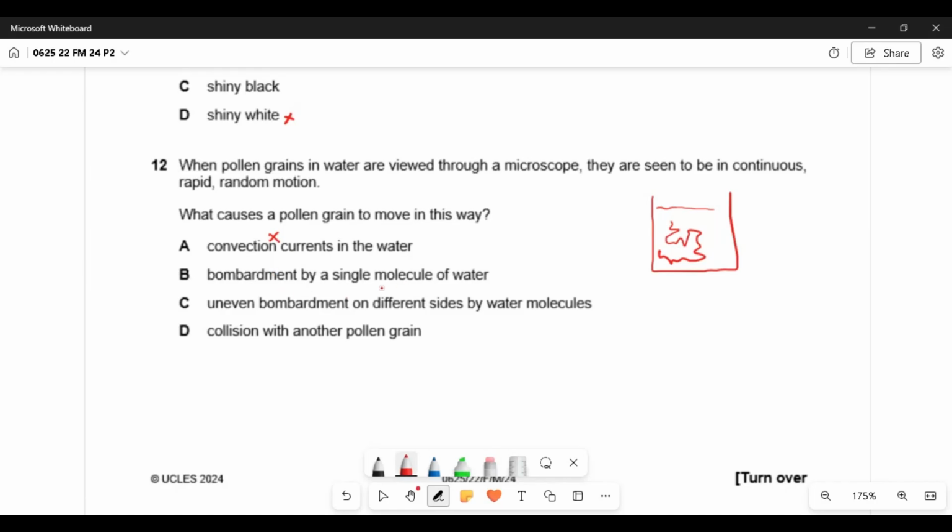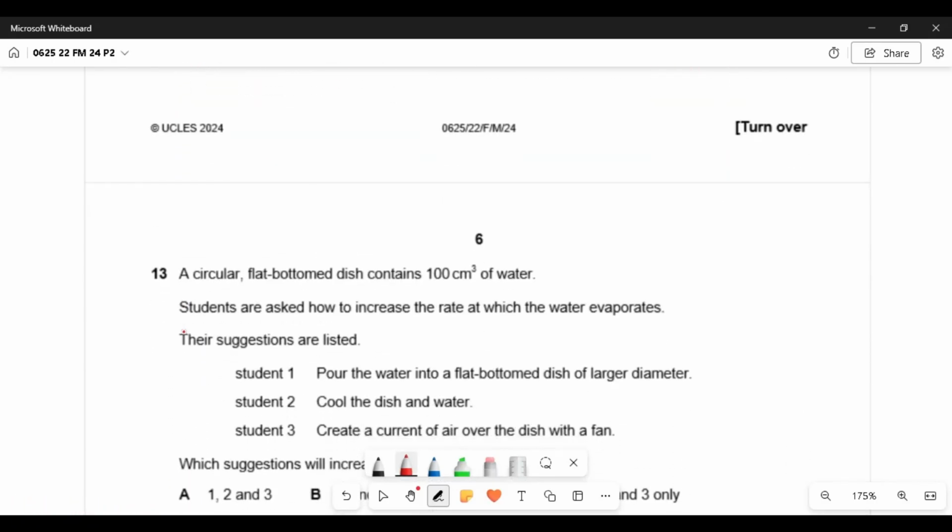Bombardment by a single molecule? There is a bombardment, but from all the molecules of the water. So there is uneven bombardment on the different sides by the water molecules. There is a collision chance when there are many pollen grains, but most probably uneven bombardment is the best choice.